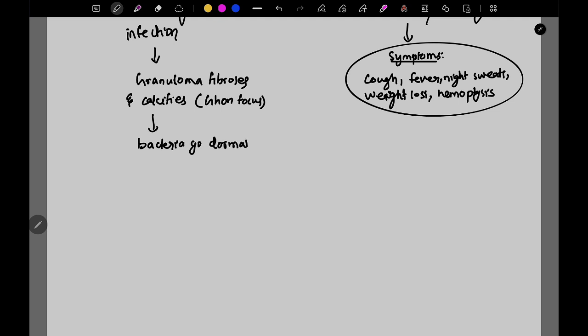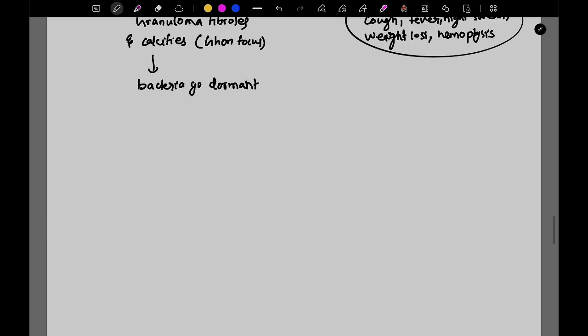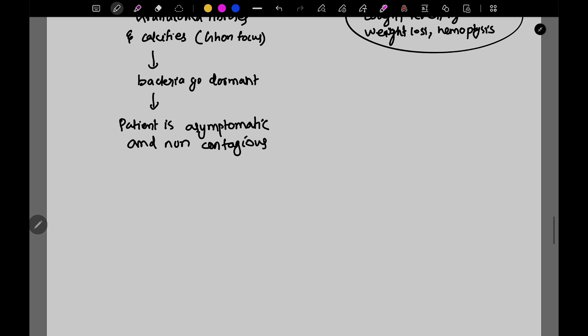That is, the bacteria cannot cause infection, and it is also not contagious. The patient is asymptomatic and non-contagious in latent infection. That is, the person cannot transmit the infection to another one during this stage.